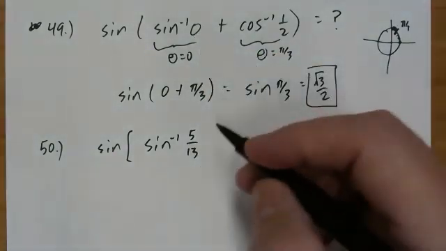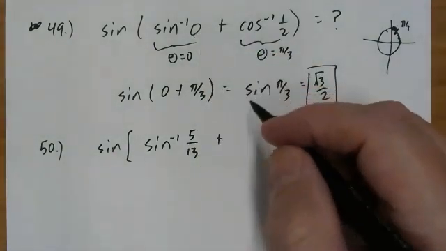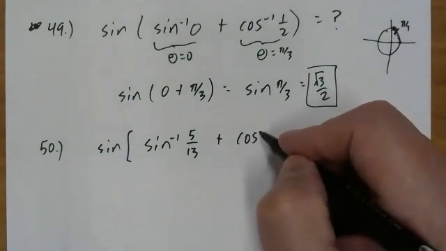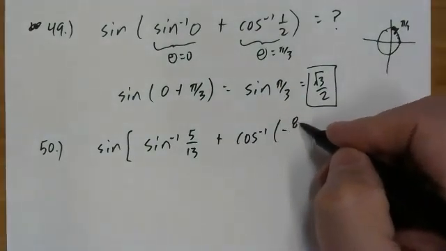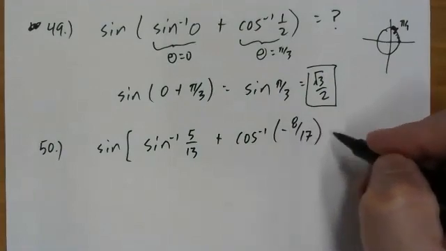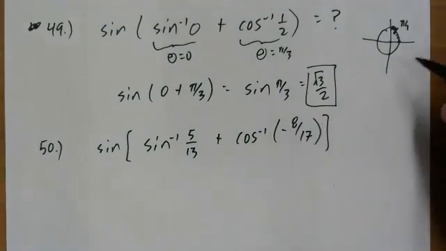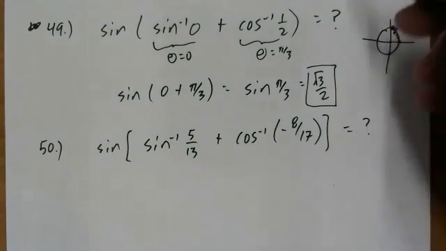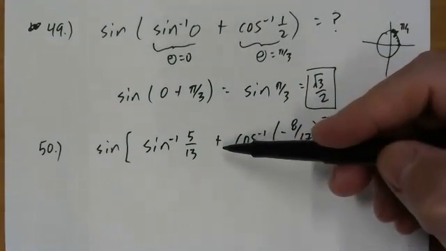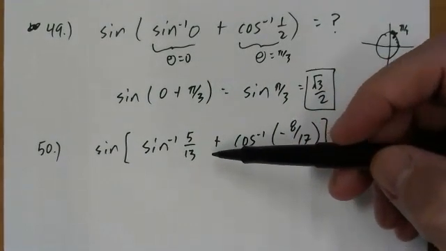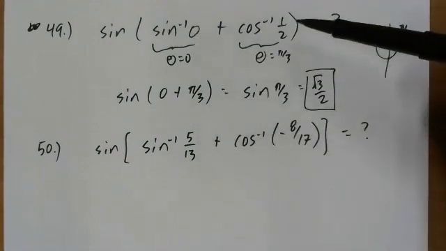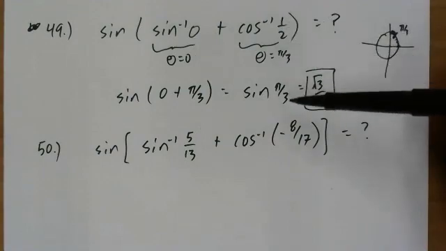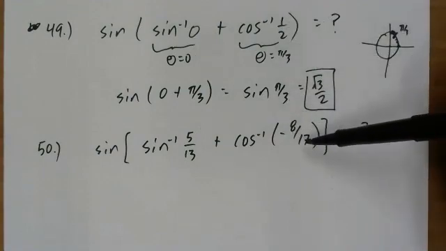Here it was 0, plus the inverse cosine of negative 8 over 17. So it pretty much is the same format as the previous problem, except instead of 0, you got 5/13. Excuse me, instead of 1/2, you have negative 8 over 17.